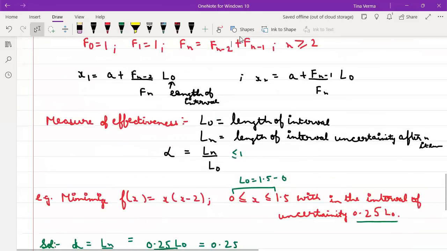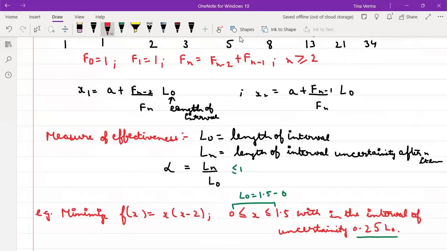And in the case of the Fibonacci series, the measure of effectiveness alpha is 1 by Fn, right?